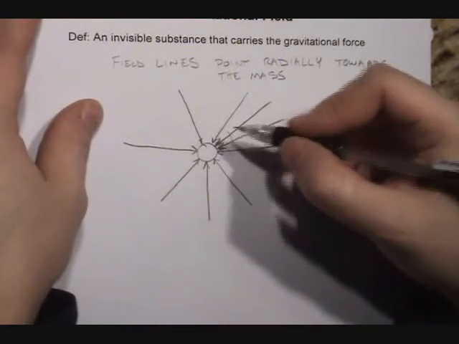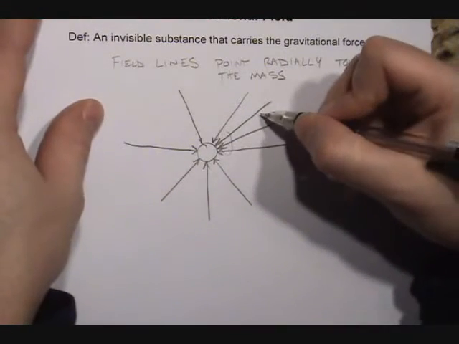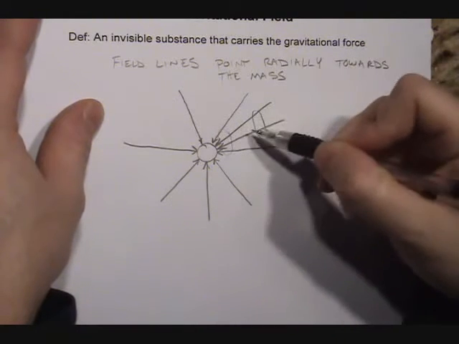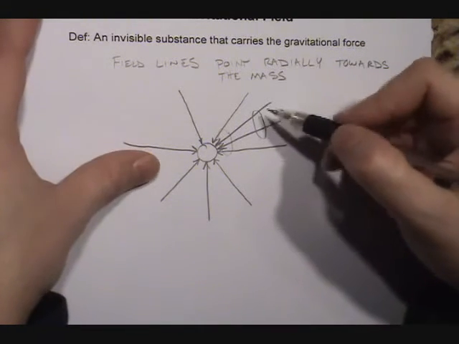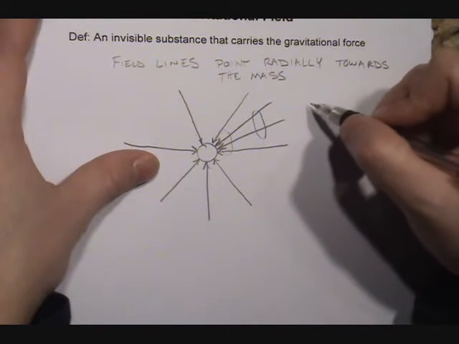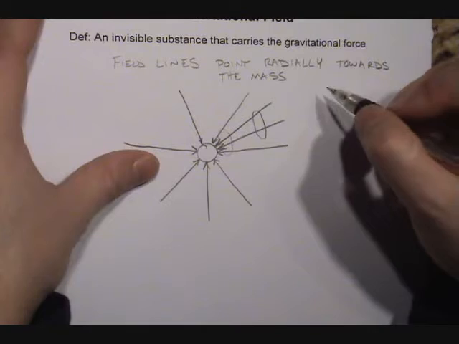There are 4 of them. But now if I take that same loop and move it up here a little farther away, same size loop, it only captures 2 lines. You can imagine that if I went farther away, I would eventually only capture 1 line, or half of a line, or a third of a line.